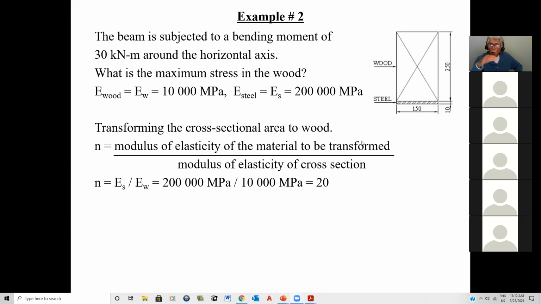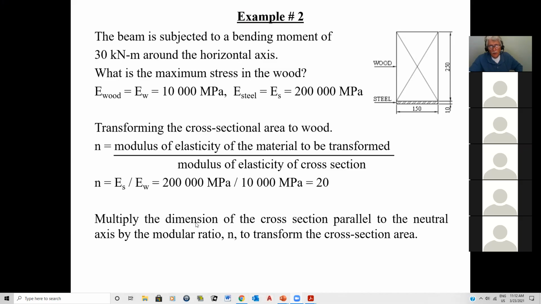In other words, I transform only the dimension that is parallel to the axis about which I'm calculating my section properties. So you multiply the dimension of the cross-sectional properties parallel to the neutral axis by the modular ratio n to transform the cross-sectional area. So that means this is going to be 20 times bigger, and that comes out to 3,000. The equivalent width of the wood is 150 times 20, gives me 3,000 millimeters.